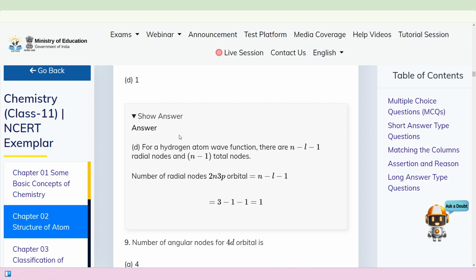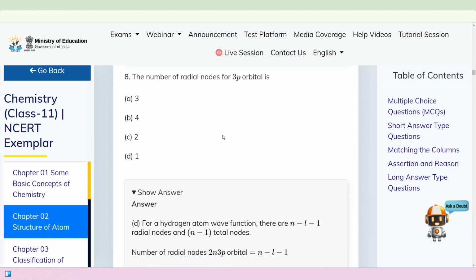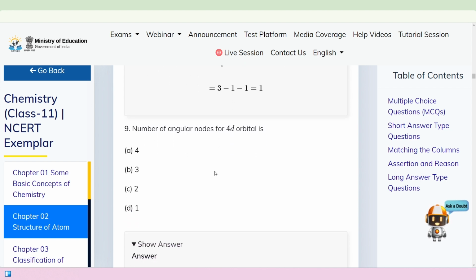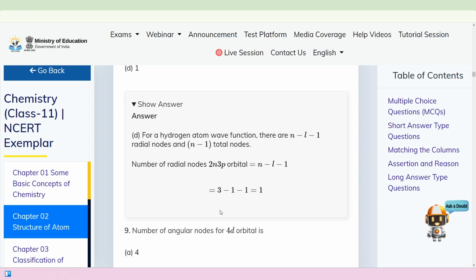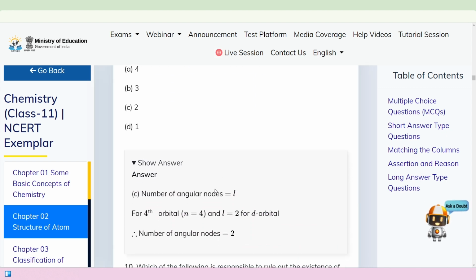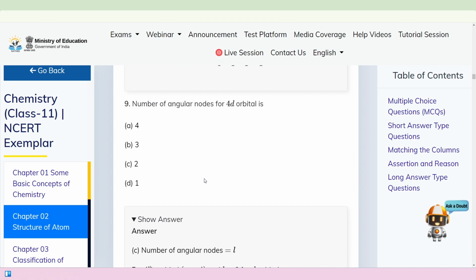So we have calculated the formula of radial nodes here, n minus L minus 1, and the formula of angular nodes, L. So n minus L minus 1 plus L will give you again n minus 1. I've just shown you how we get to this conclusion. If you think of a fact, the first shell has no nodes.